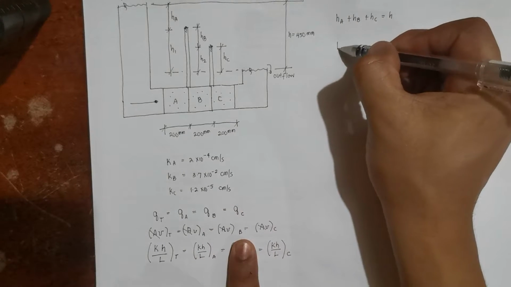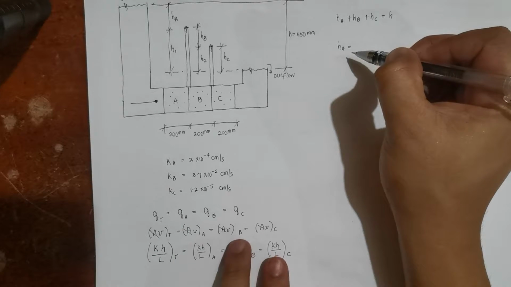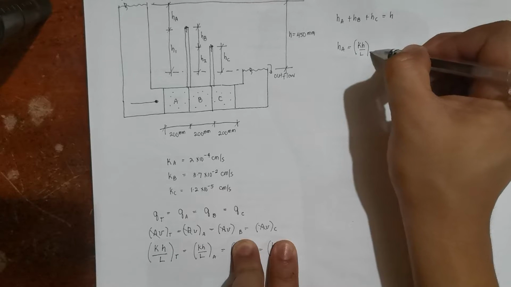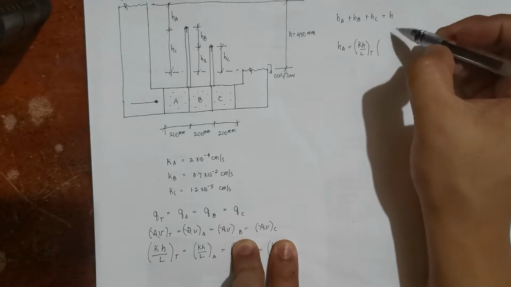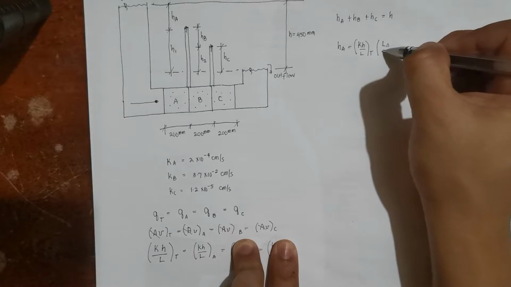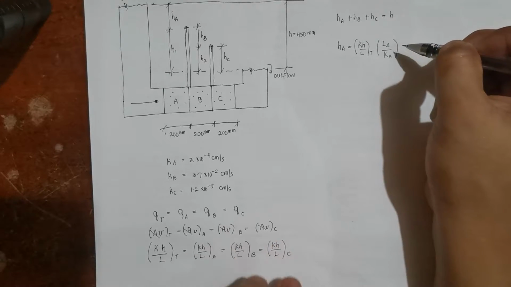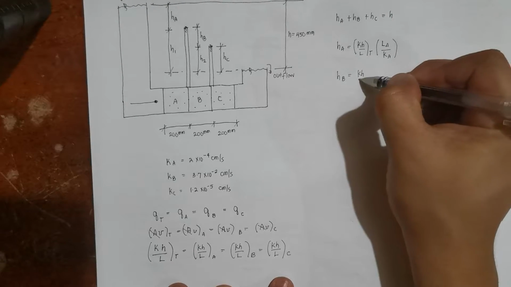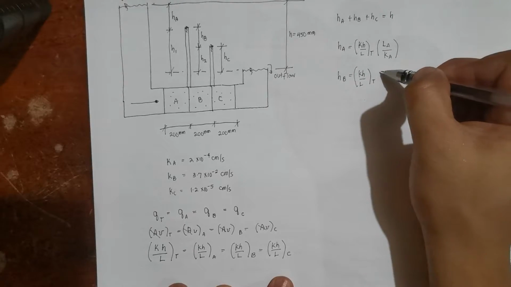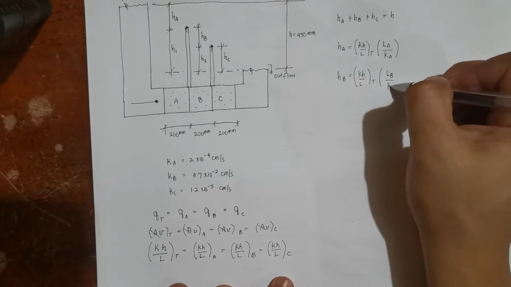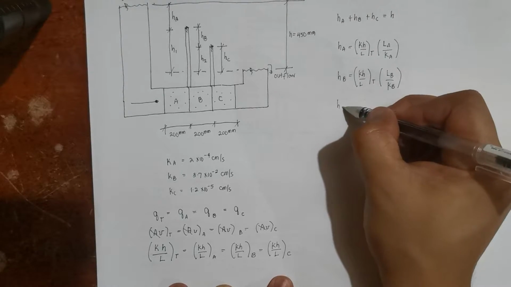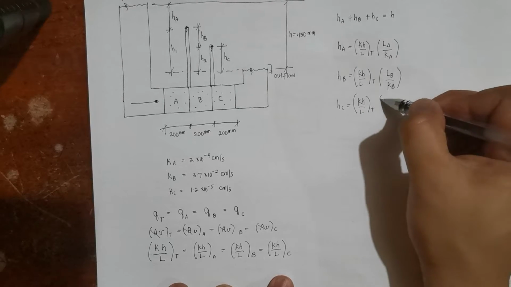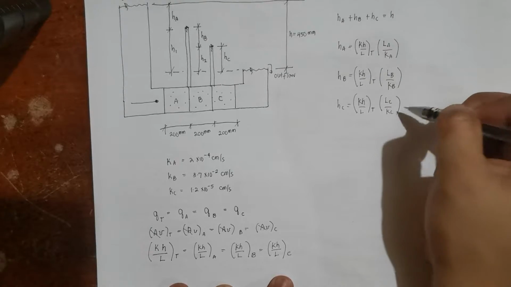Therefore, we can say that HA is equivalent to, cross multiplying, KH over L for the total parameter multiplied by LA over KA. So same for head loss of soil B. You can say that head loss of soil B is KH over L, total parameter, LB over KB, and head loss of soil C is KH over L multiplied by LC over KC.